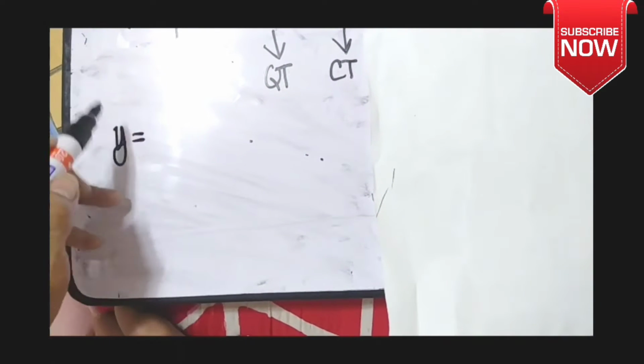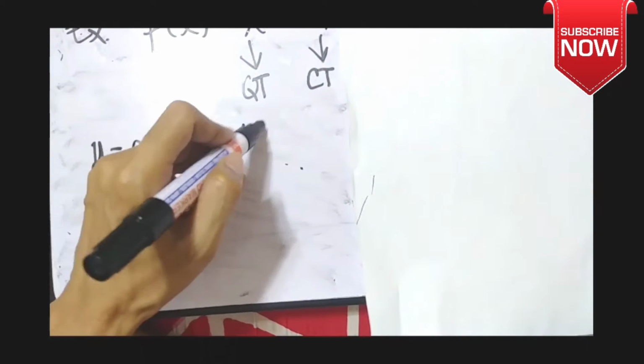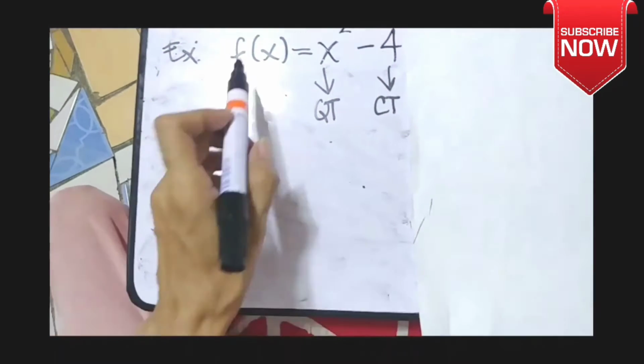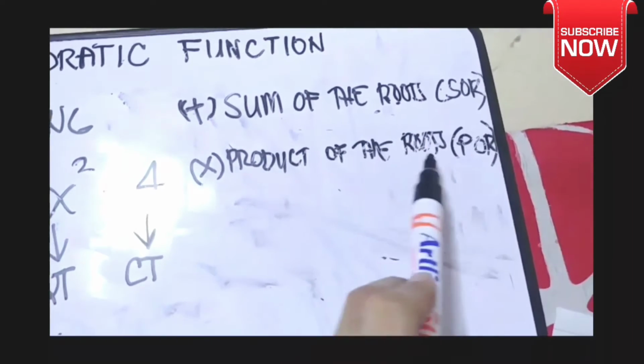Yung sa quadratic function na y is equal to ax squared plus bx plus c, missing ang bx na to. Okay. So ano ba ang kinalaman ng linear term at constant term sa pag-solve ng quadratic equation using factoring? So dito na ngayon papasok at pag-uusapan na natin ang tinatawag na sum of the roots at product of the roots.